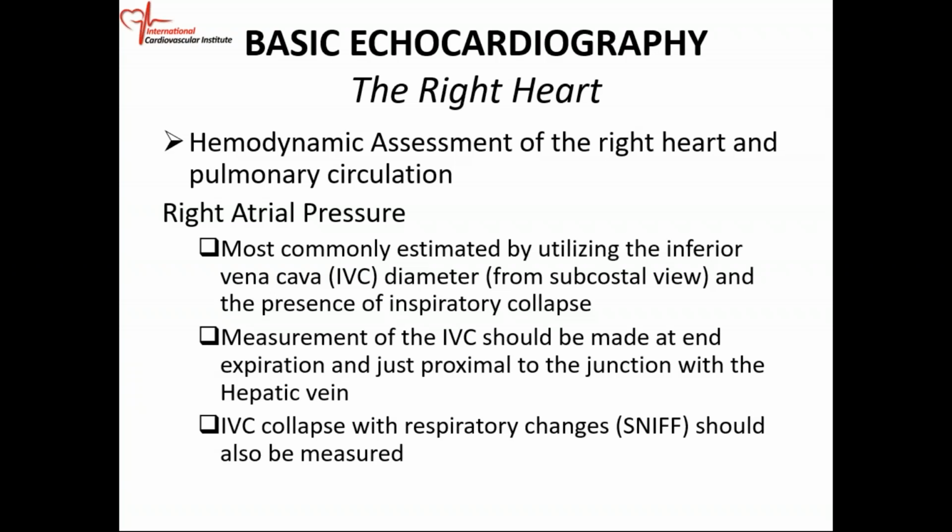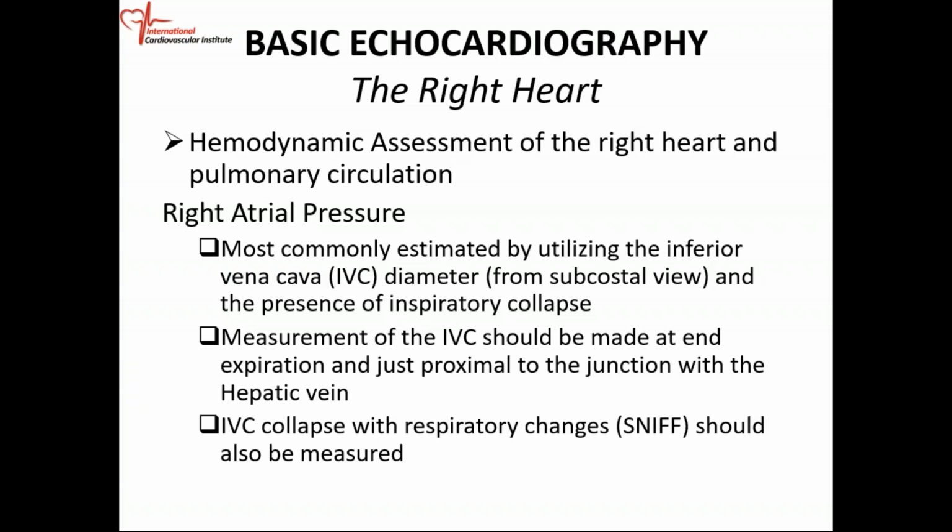So just before you get to the hepatic vein, that's where you're going to measure. And at the end of expiration, you should put your M mode because you can see collapse fairly well if you do your M mode measurements of the IVC. So I recommend that you do that to quickly see if there's more than 50% collapse with inspiration.